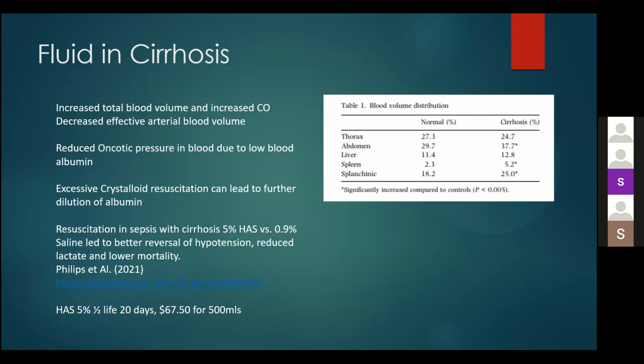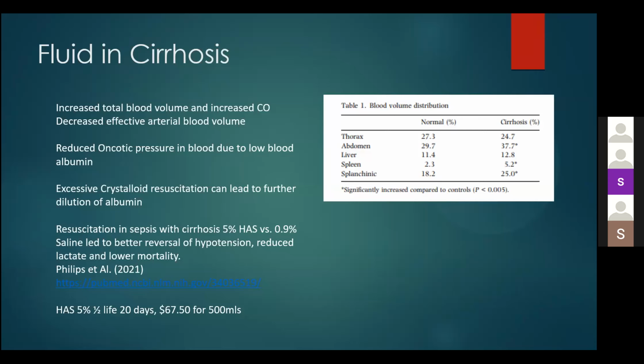We have to bear in mind that HAS has a much longer half-life and it will stay in the blood around 20 days compared to a bag of saline, which will stay in the blood for about 20 minutes. But it does cost about 100 times the price per mil as normal saline does.